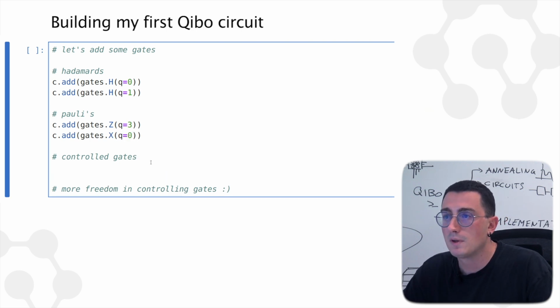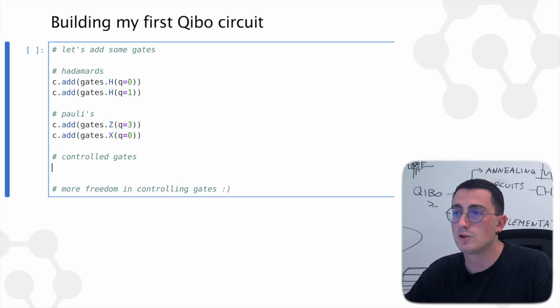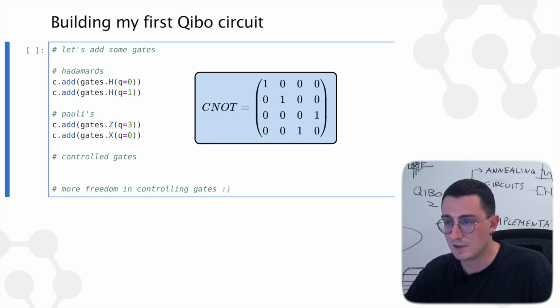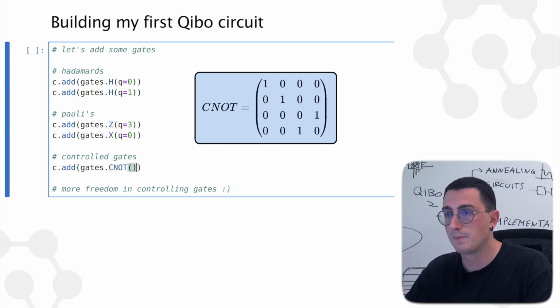Another possibility is the one of building controlled gates. And we can start by building some very simple controlled gate like the CNOT gate. You can say c.add gates.CNOT, and then you should set the control qubit, let's call it q0.